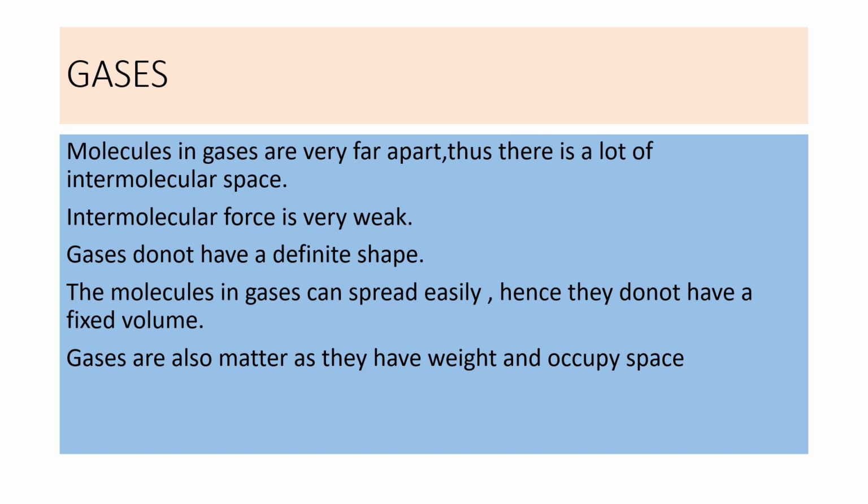Gases have the following properties. The molecules in gases are very far apart, thus there is a lot of intermolecular space. The intermolecular force is very weak. Hence, gases do not have a definite shape.